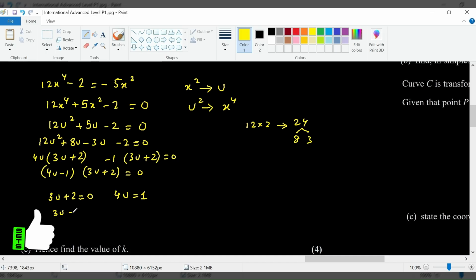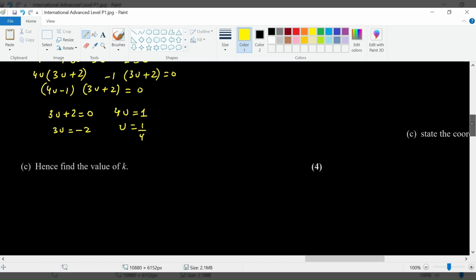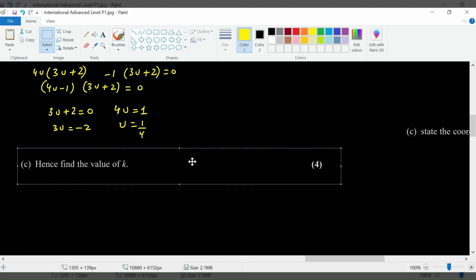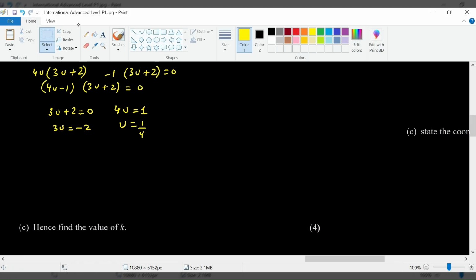That means 3u is equal to negative 2, and u is equal to 1 over 4. So u is equal to negative 2 over 3 here, and u is equal to 1 over 4 here.